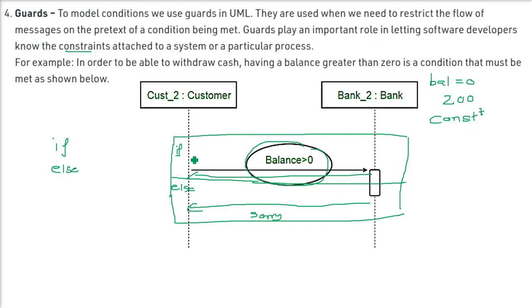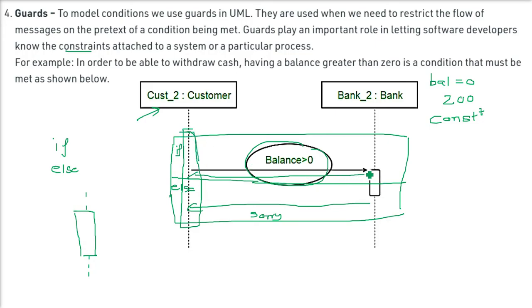Now the final thing I want to tell you is the activation bar. The lifeline starts from the box and goes till the end of your page, but we are talking about what time the object is active. This active object period is shown by a horizontal rectangle, a bar, between the starting arrow on that lifeline and the ending arrow.